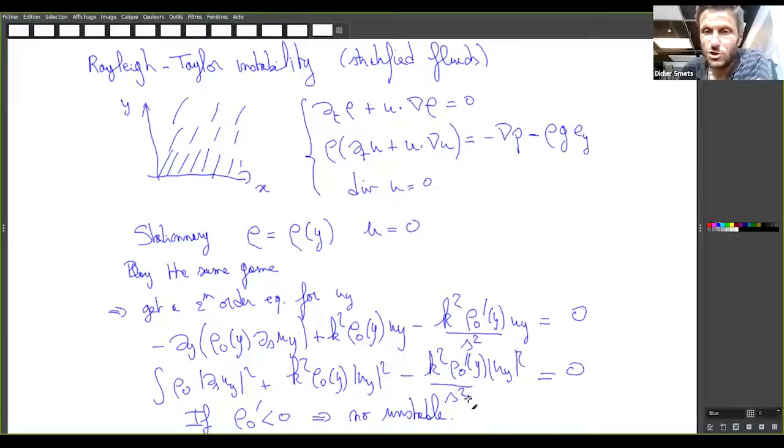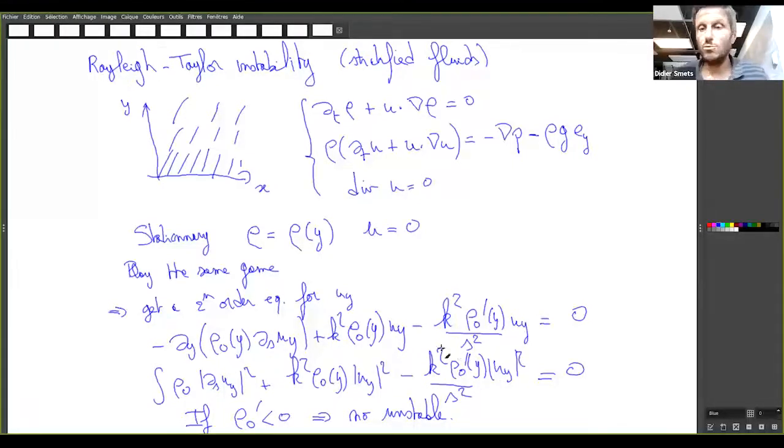If there's a point for which rho 0 prime is positive, then if you take S sufficiently small, you can certainly take a function for which this is going to be very negative. Okay, so the quadratic form will be negative. And then you grow S a little bit until it becomes equal to 0. Okay. So this is the Rayleigh-Taylor instability.